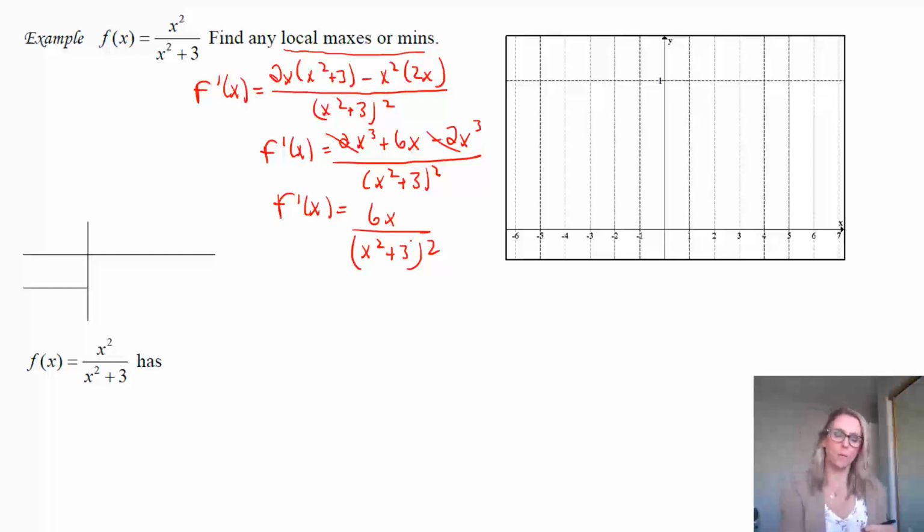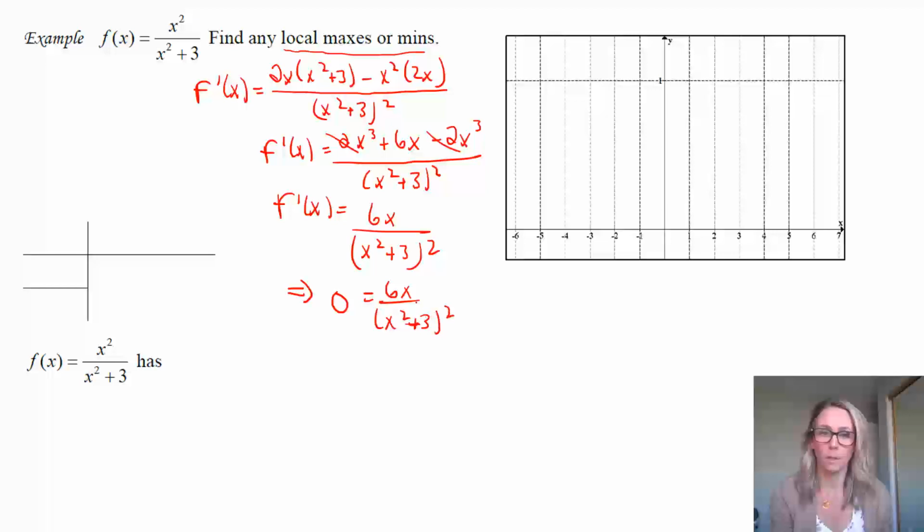So the key thing here is local maxes and local mins are when we change from increasing to decreasing, which is what happens on either side of when the derivative is 0. Because we have a rational expression, the only time that this expression can be equal to 0, and this is really key here, is when the numerator is equal to 0 for a fraction.